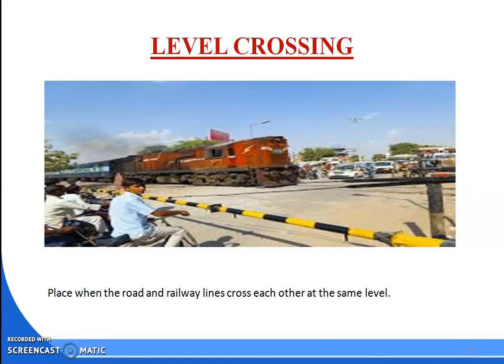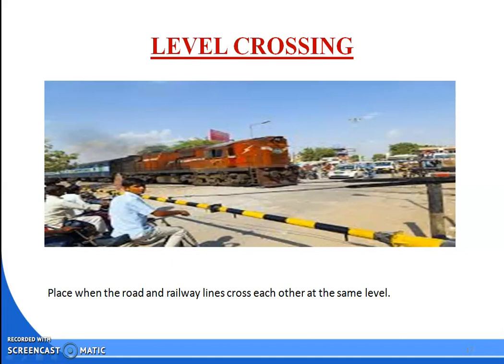Okay. So next we come to level crossing. You all see level crossings whenever you are traveling on a highway. There are some places where the railway and the road cross each other. In those places, when the rail track and the highway are at the same level, that is called a level crossing.